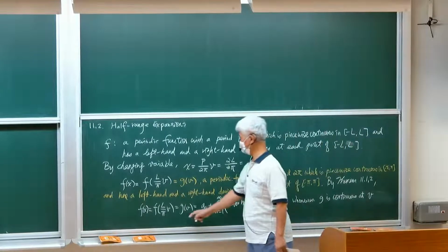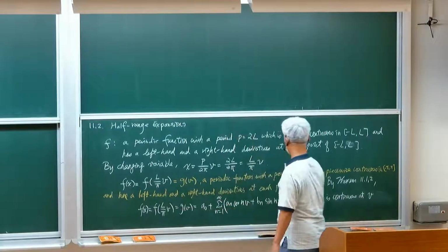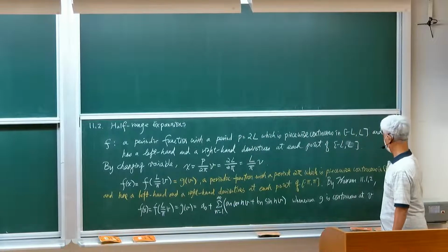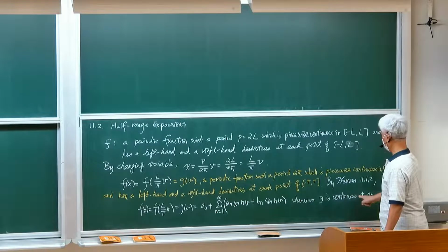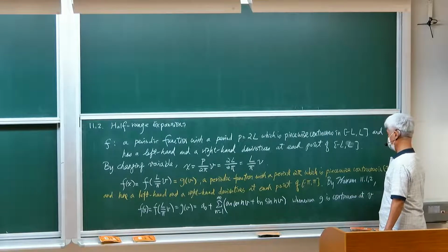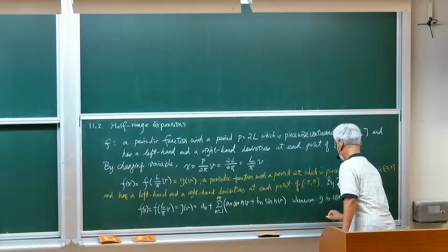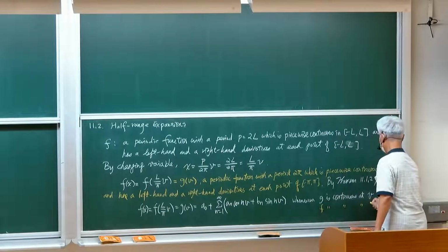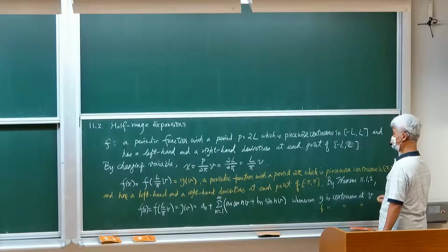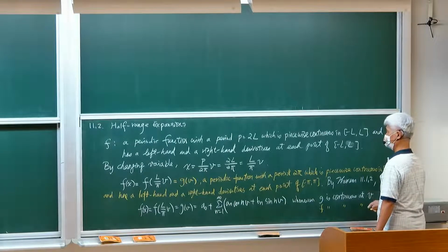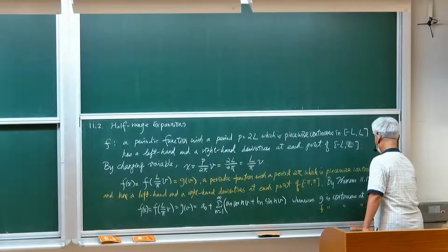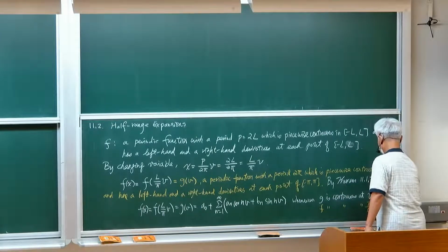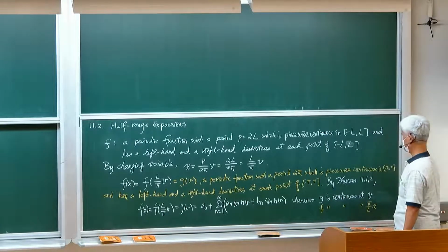So G of v, this gives us that at v, G is continuous at v means that f is continuous at x, okay.